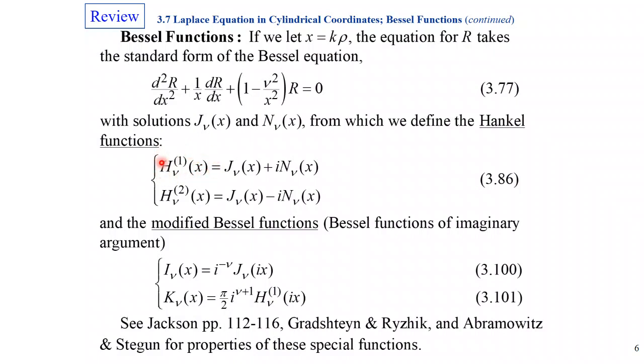We have the Hankel function of the first kind and Hankel function of the second kind, J mu x plus i N mu x, and J mu x minus i N mu x. Okay, I will stop here.